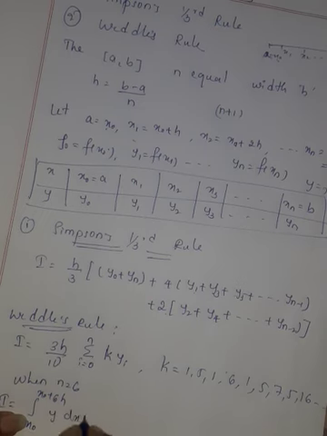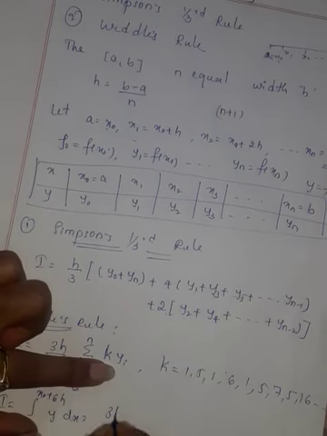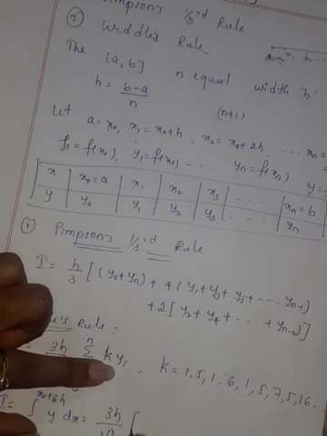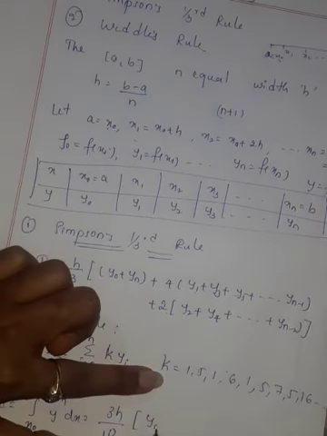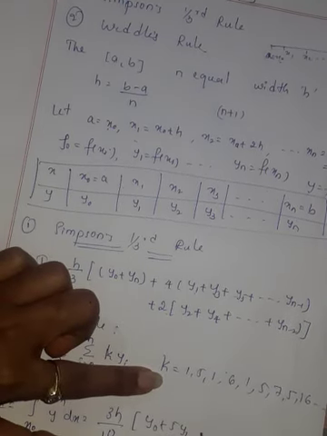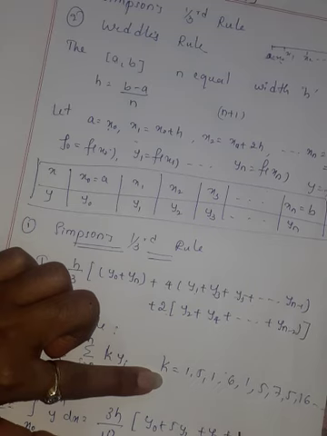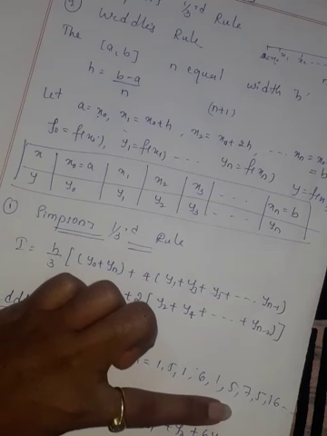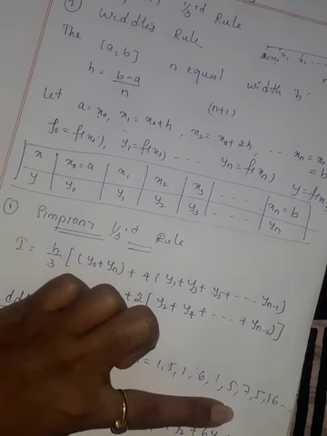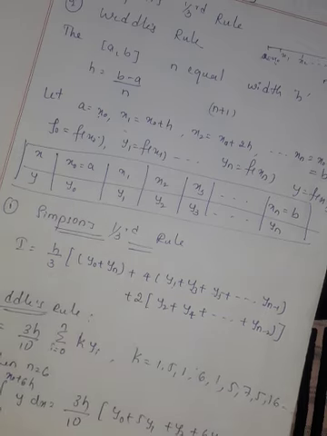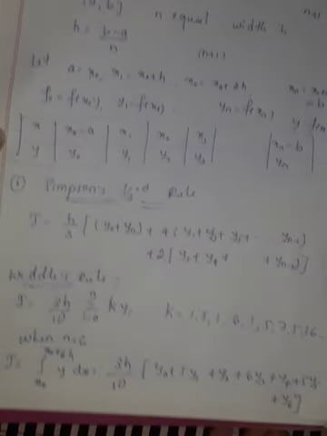The integral of y dx is given as 3h by 10 into y0 plus 5y1 plus y2 plus 6y3 plus y4 plus 5y5 plus y6. This is Weddle's formula or Weddle's rule.